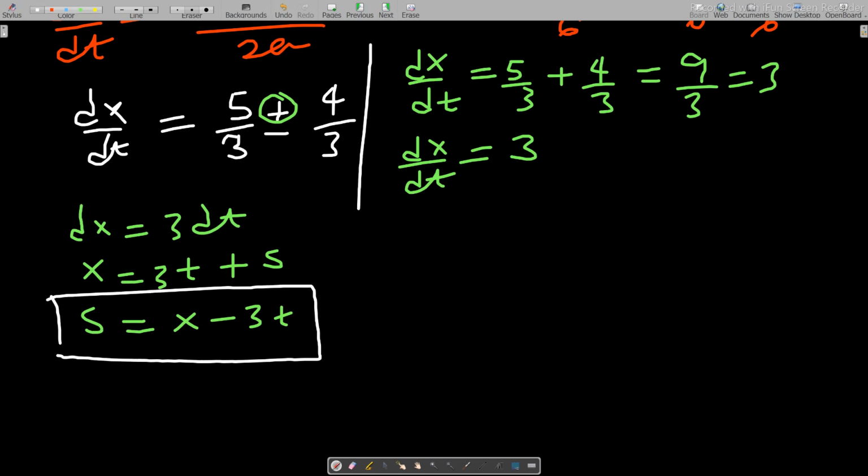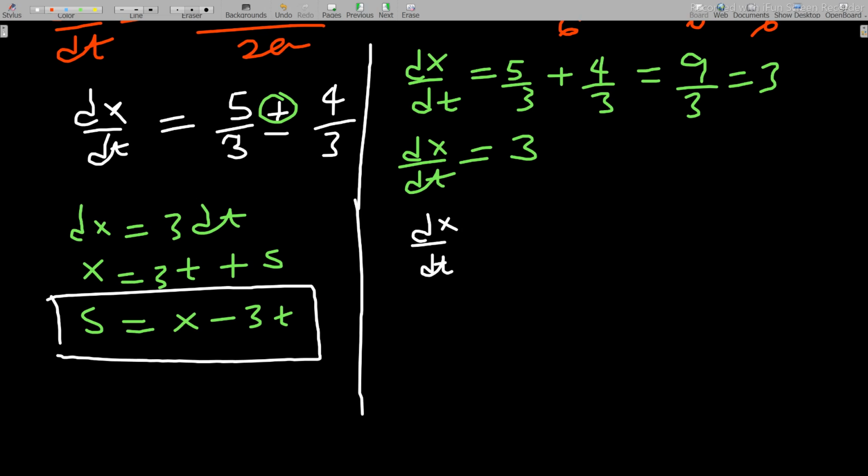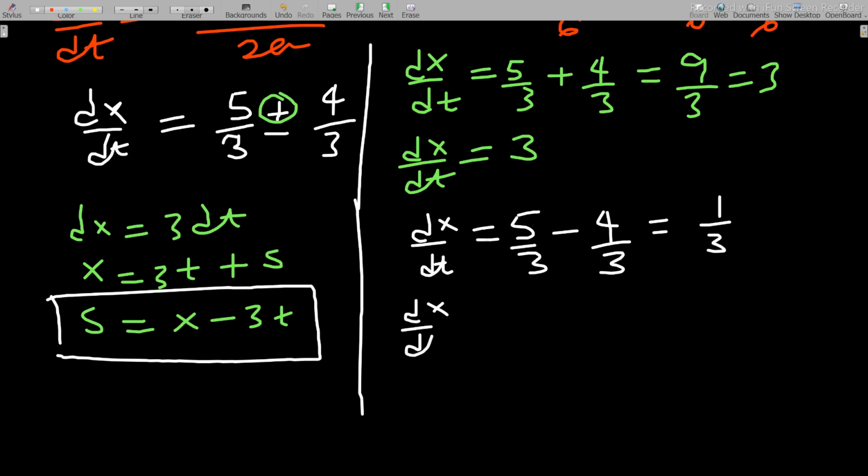Now we continue with the other case: what if dx/dt is also equal to 5 over 3 minus 4 over 3? This will imply that we'll have 1 over 3, which means dx/dt will be equal to 1 over 3.